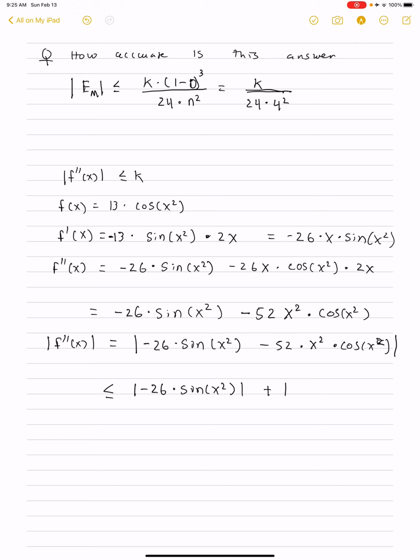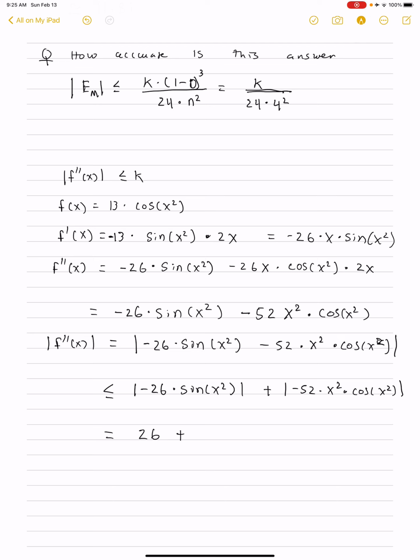I know that sine of x squared is less than or equal to 1 in absolute value, so why don't I just put 26?